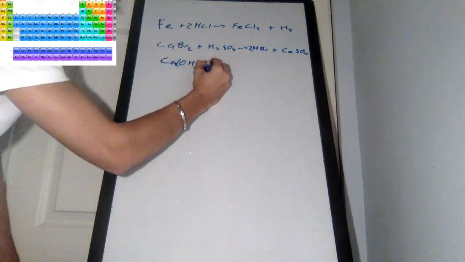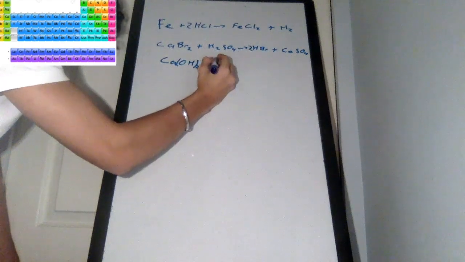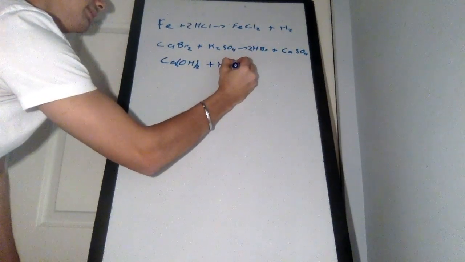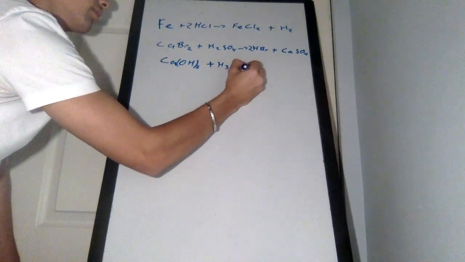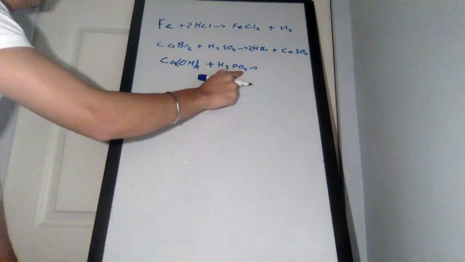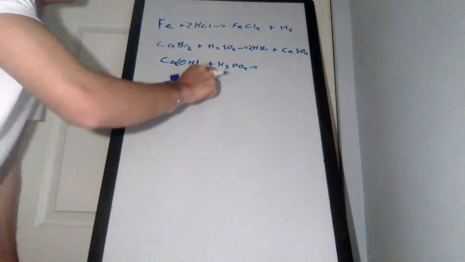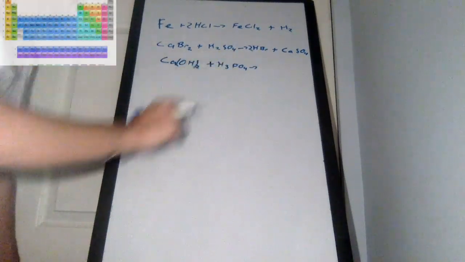Okay, so now we've got CaOH2 plus H3PO4 because PO4 has a charge of -3 and hydrogen only has a charge of +1.